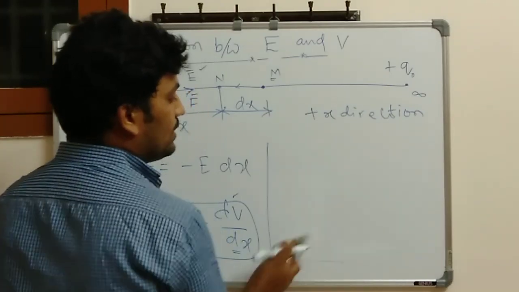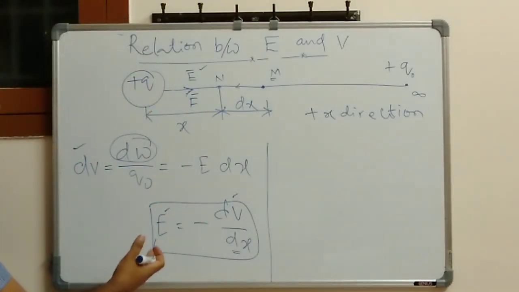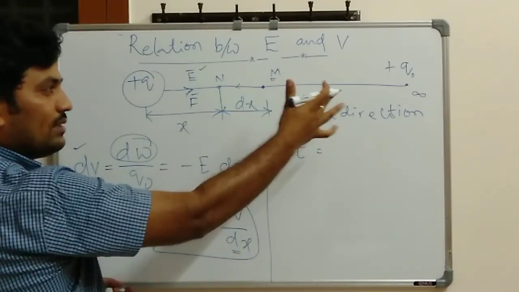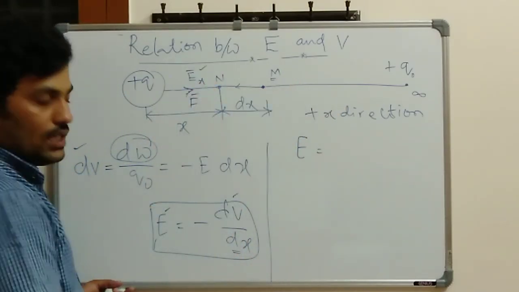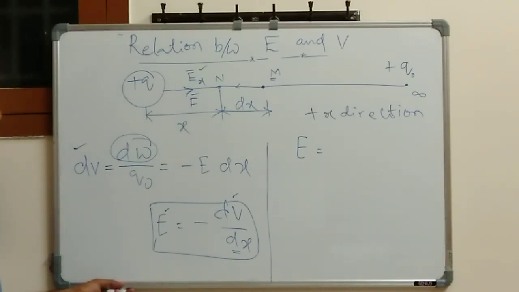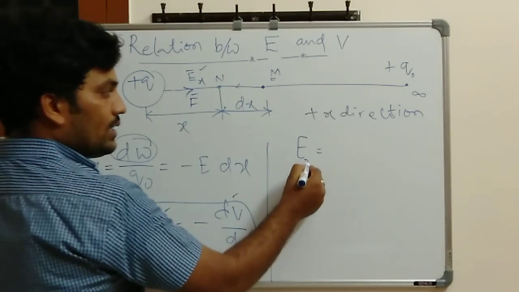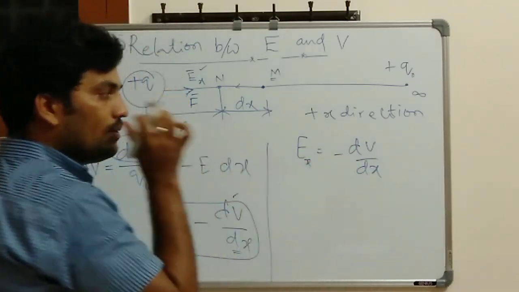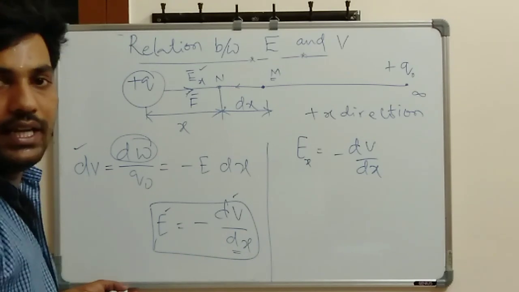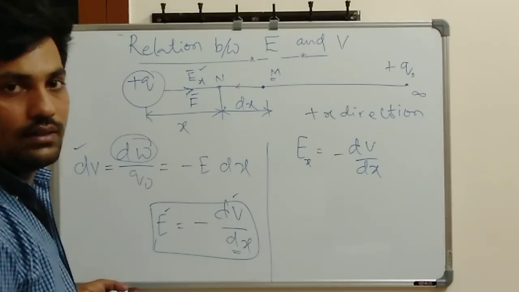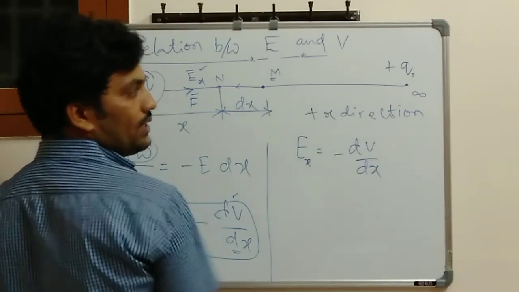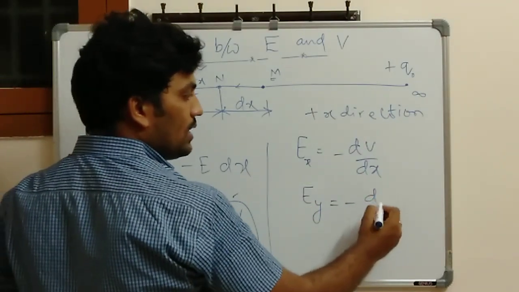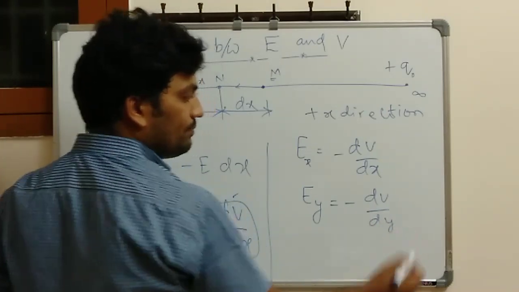In the positive x direction, the electric field I can take as Ex. So Ex is equal to minus dV divided by dx. It means dV divided by dx is nothing but the potential gradient. If I write it in the y direction, Ey is equal to minus dV divided by dy.